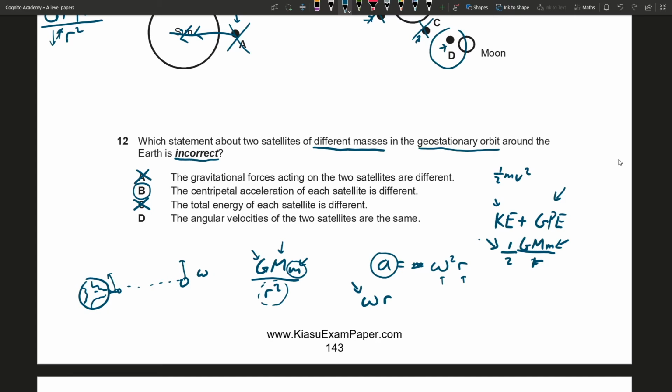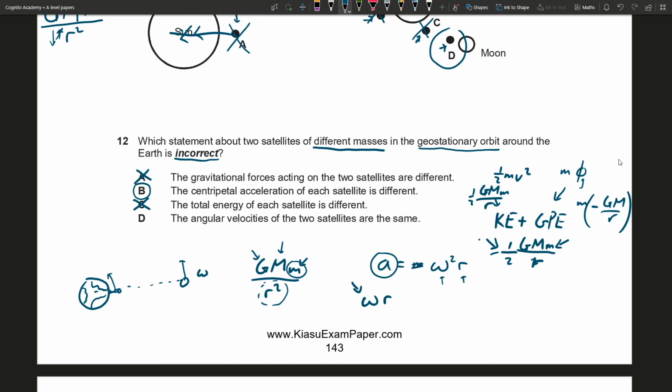So that gives us a KE of half GMm over r, and our GPE is just our mass times the gravitational potential, which equals the mass times negative GM over r. Adding those two up we get negative half GMm over r, which is why C is wrong.